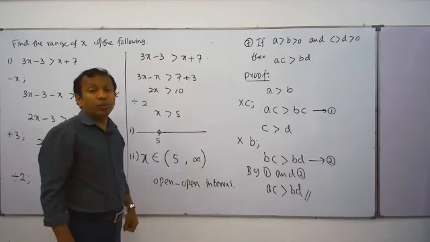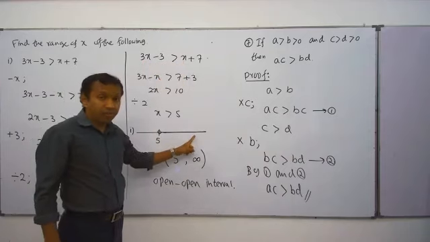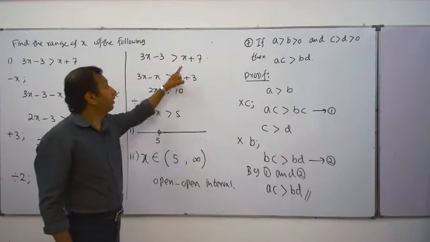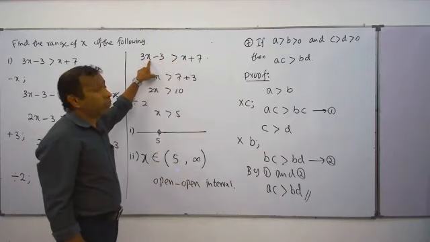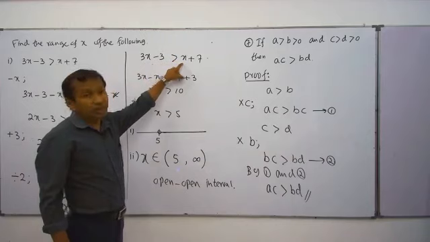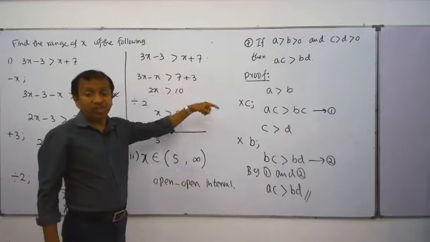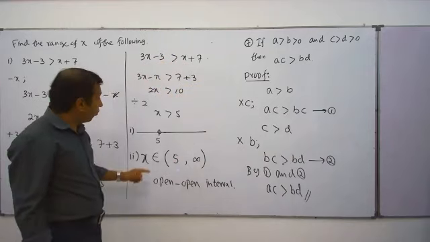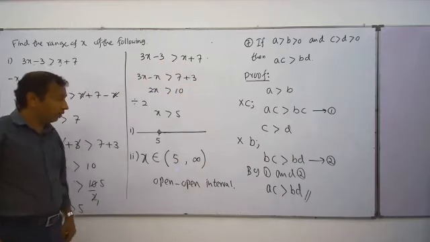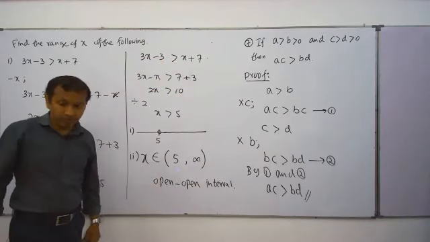Put any value for x from this region, greater than 5 region, like 10. Put here, 3 into 10, 30 minus 3, 27. Here, 10 plus 7, 17. 27 greater than 17, true, no? This is how, people, we write the regions, right? Write down that too. Open interval, right?